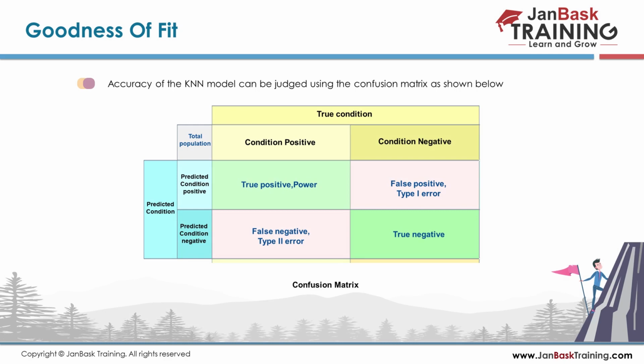The last quadrant is the true negative, when your prediction is negative and your true condition is negative. Then this one is the false negative, also called a type 2 error, and type 1 error is the false positive. Your prediction is negative, but actually it is 1, so it's called falsely negative. So this is called the goodness of fit, the confusion matrix.